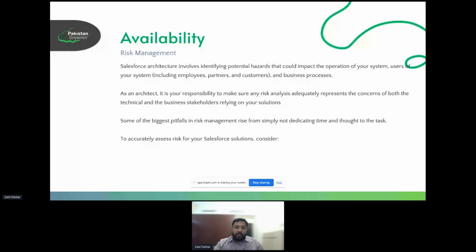As an architect, from your experience, it is your responsibility to make sure you have done enough risk analysis that it can represent the concerns of both the technical and the business stakeholders. And the key point that always comes up here is, how are we going to assess risk? How are we going to say that this is the impact?